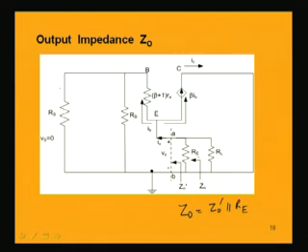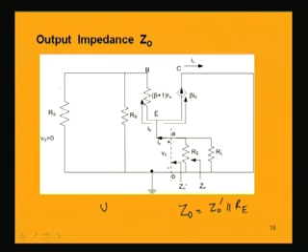Now, what is Z naught dash? We have to find that out. In order to find this output impedance Z naught dash, we have to apply a source, because we have made the source Vs 0. So, apply an external source at the output, which is Vx, and due to this Vx the current flowing, say, is Ix.